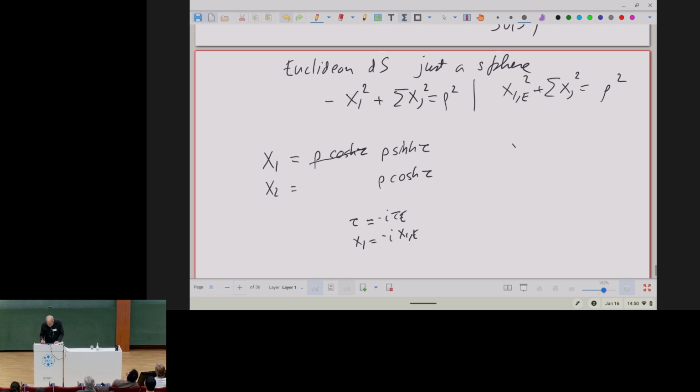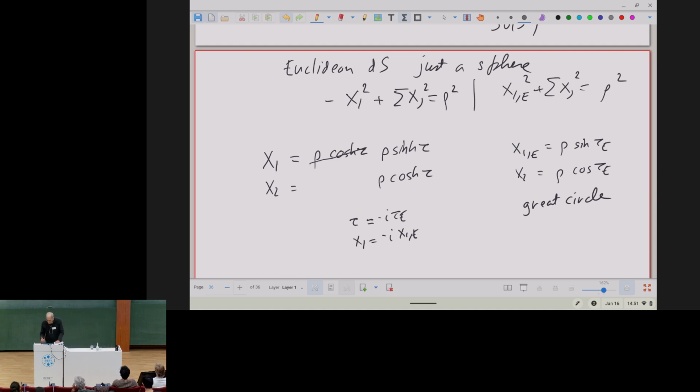And then what we get is just rho sine of tau e and rho times the cosine of tau e. That describes a great circle. That should not be a surprise. You hopefully know that on a sphere, a geodesic is a great circle. In Lorentz signature, we had an observer whose world line was a geodesic. When we continue to Euclidean signature, it's still a geodesic, but now a geodesic is a great circle.